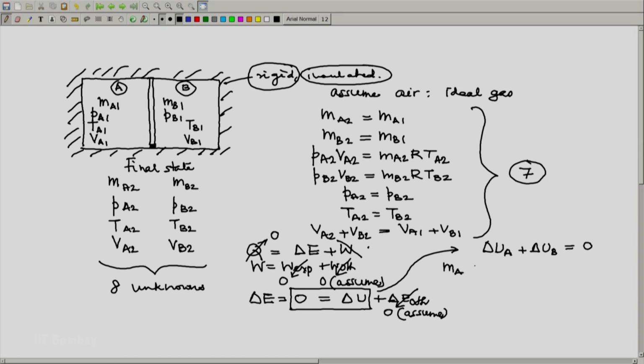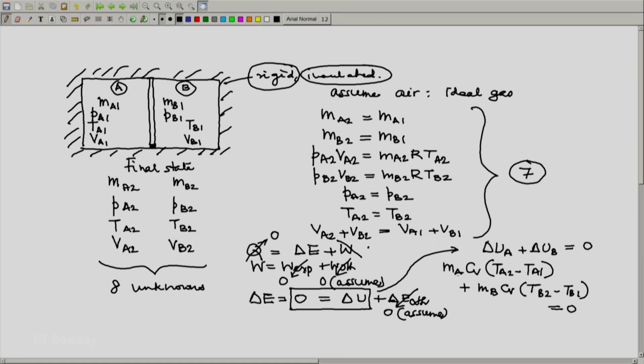MA CV. I am using the same CV and making a minor assumption that let us assume CV to be constant. Then delta UA will be TA2 minus TA1 plus MB CV TB2 minus TB1 is 0.